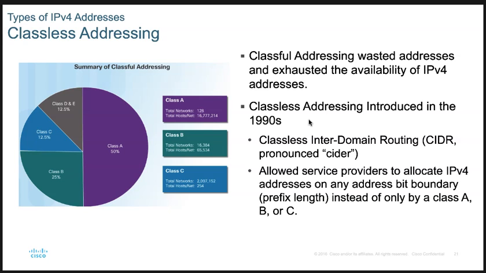When you don't respect them, you get something known as classless interdomain routing. Anytime you see an IP address like 192.168.something with /27, not /24, you need to understand that IP address is not a classful IP address.